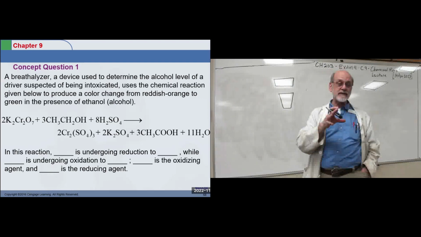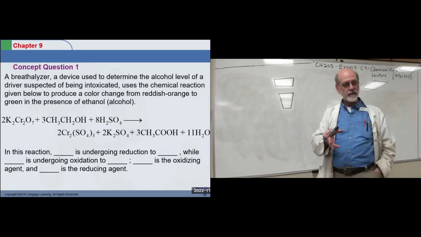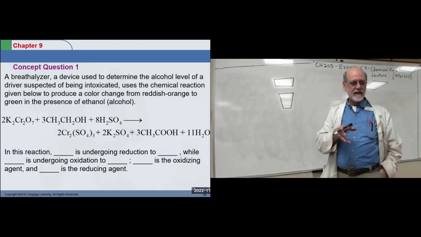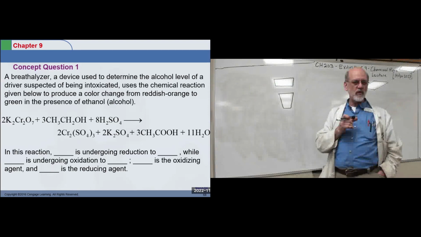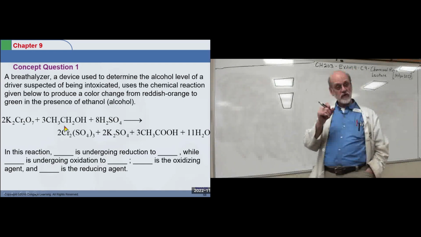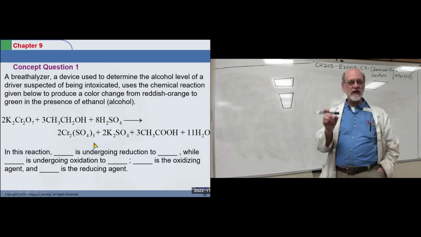They react potassium dichromate with ethanol and sulfuric acid, and it produces a color change from reddish orange to green in the presence of ethanol. In other words, it goes from potassium dichromate to chromium sulfate, and I'm sure chromium sulfate is the colored agent.